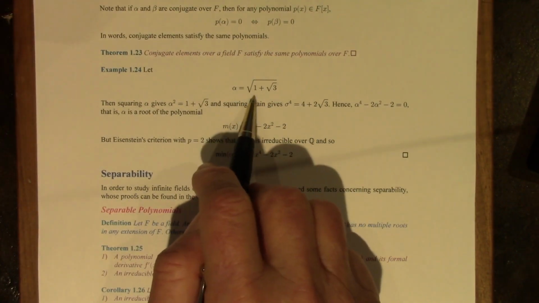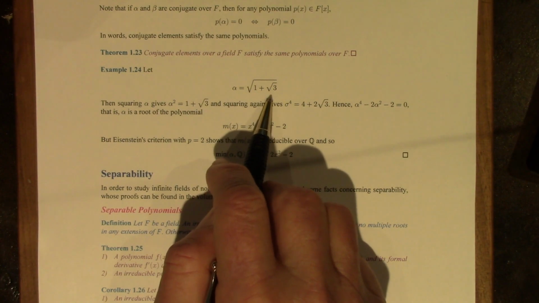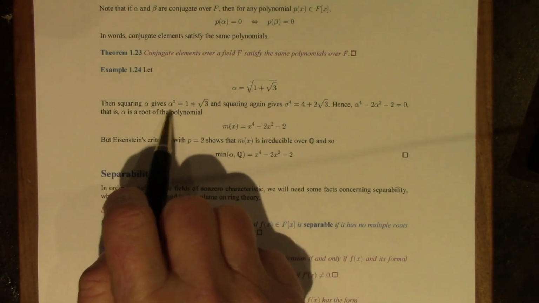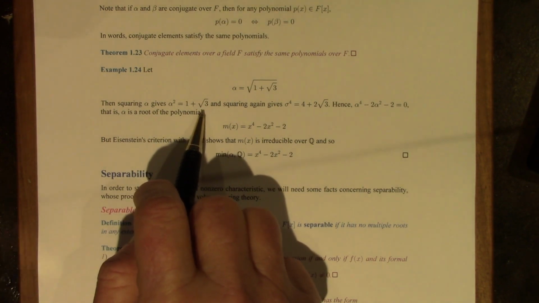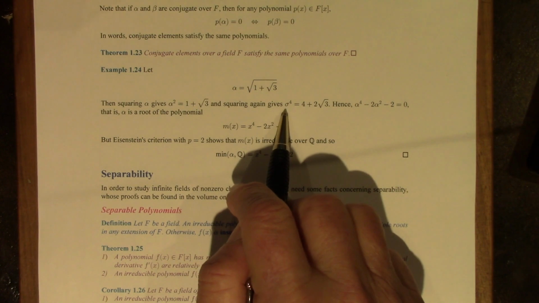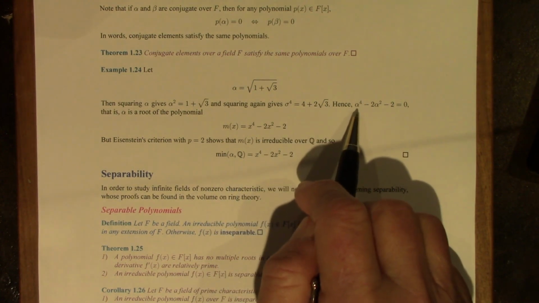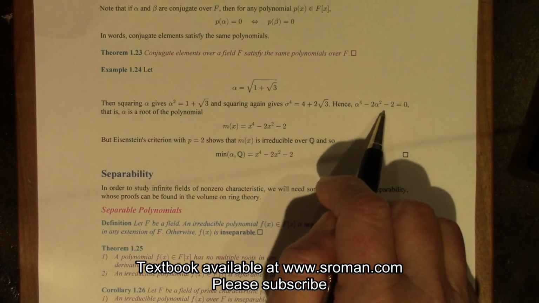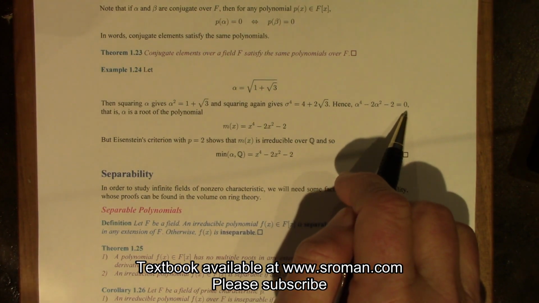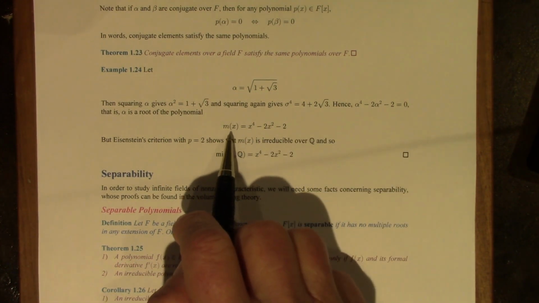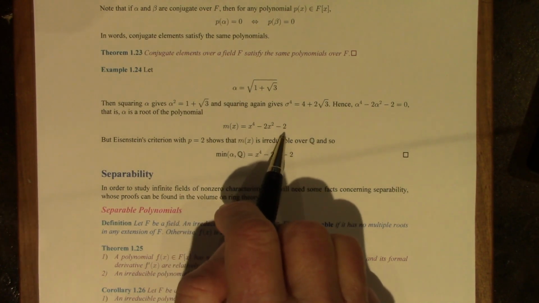Here's an example. Let alpha be the square root of 1 plus square root of 3. If we square alpha, we get alpha squared equals 1 plus square root of 3. Squaring again, alpha to the fourth is 4 plus 2 square root of 3. So alpha to the fourth minus 2 alpha squared minus 2 is 0, and so alpha is a root of this quartic polynomial.